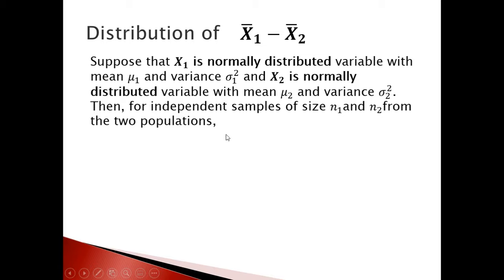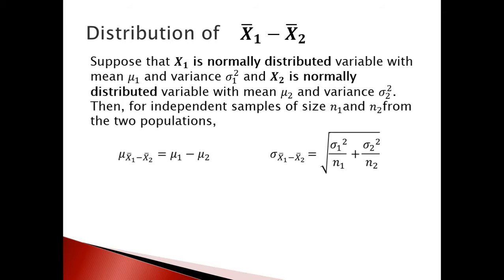Then for independent samples of size n1 and n2 from the two populations, we can write the mean of x1 bar minus x2 bar is equal to mu1 minus mu2, which means the difference of population means, and the standard deviation of x1 bar minus x2 bar is equal to the square root of sigma 1 squared over n1 plus sigma 2 squared over n2.